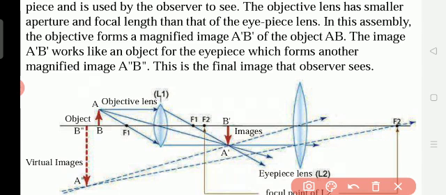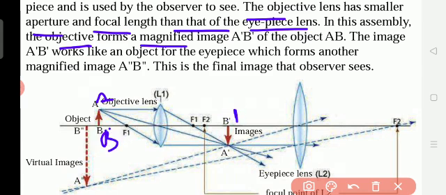Here the objective lens has a smaller aperture and focal length than the eyepiece lens. In this assembly, the objective forms a magnified image. The object AB is here, and the image we can see here is B' and A'.